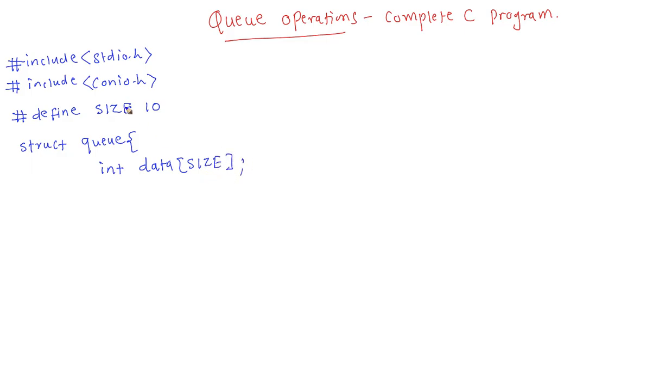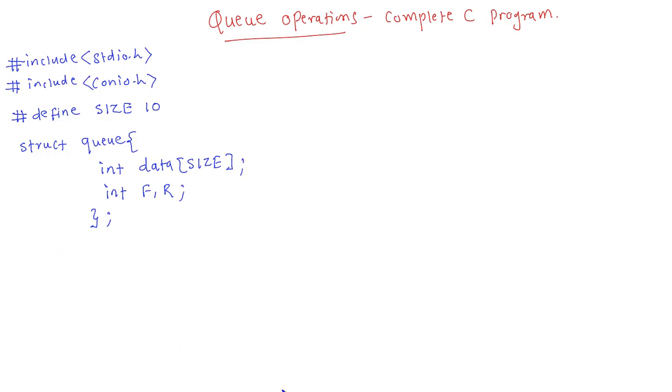This SIZE is 10, so this is an array of size 10. The last location will be 9, which is SIZE minus 1, right? Then I have two variables here, int f and int r, front and rear, right? So that is the structure for queue.